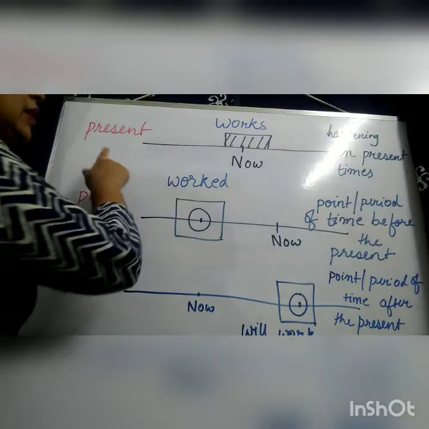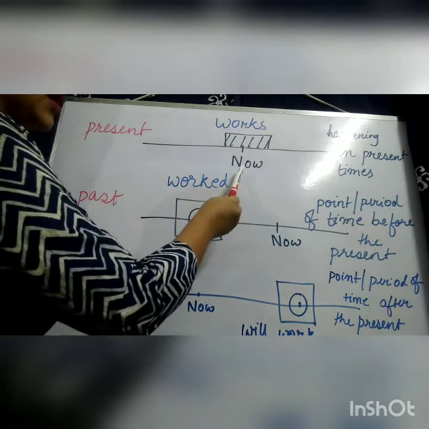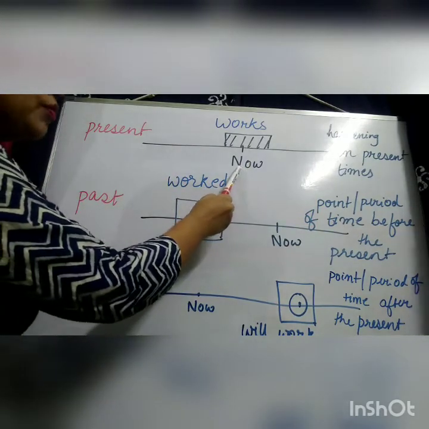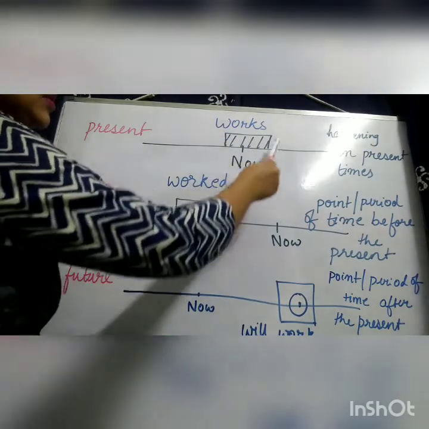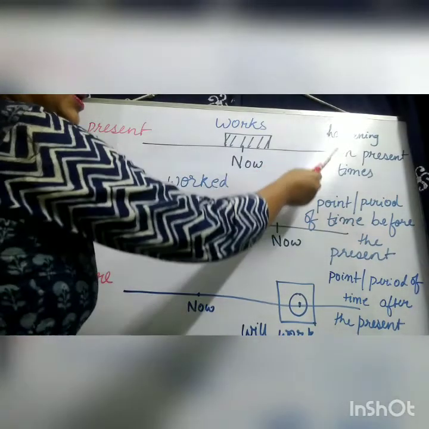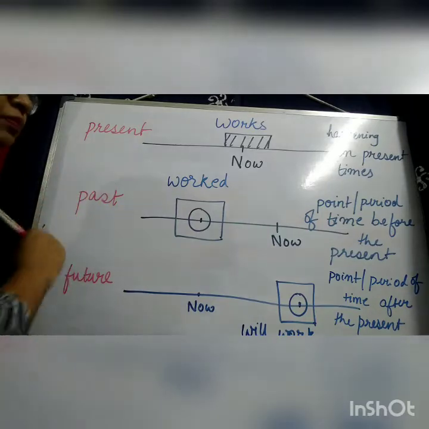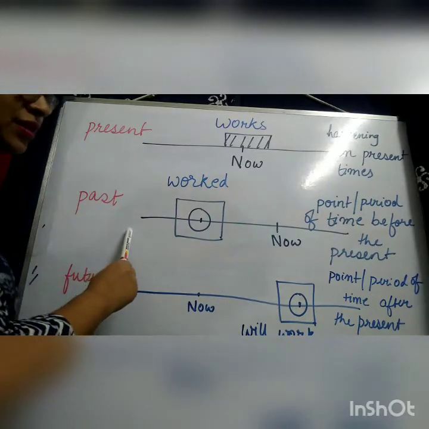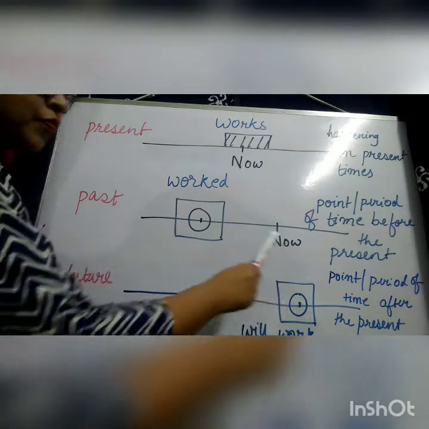In the first case, you will notice over here, I have drawn a timeline and I have marked out the present moment as now. So any action happening at the present time is represented as works. So it is happening in the present times. This is called present tense. In the second timeline, this is the present moment now.